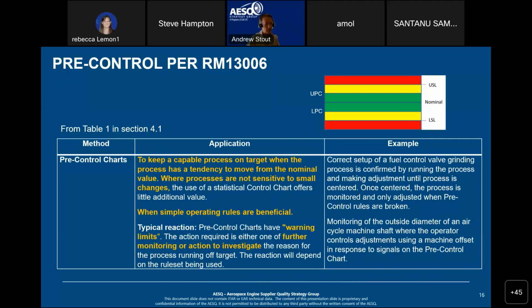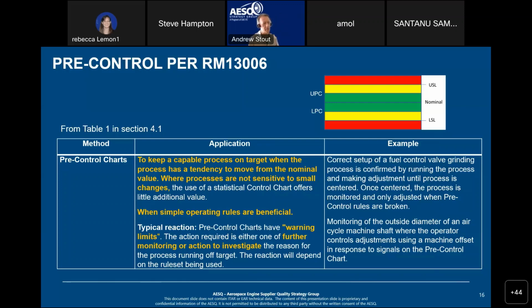When is simple not good? You know, the KISS acronym, of course, it stands for keep it statistically simple. Either that, or some people say keep it simple stout. Anyway, we have warning limits called process control limits, and a reaction to further monitor, investigate, or adjust the process.